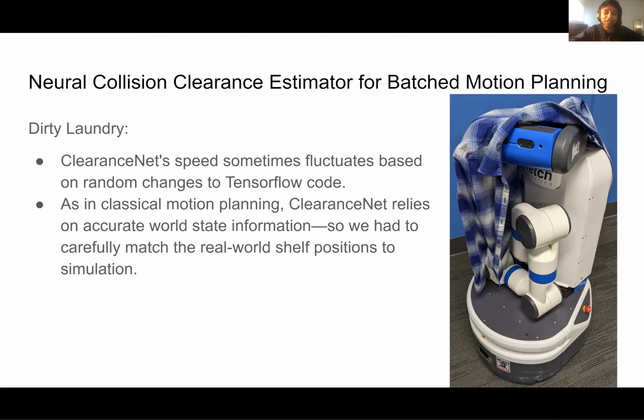So I was wondering how often this procedure works in practice, because one concern could be that in situations where your ClearanceNet is incorrect, maybe the gradients would be less accurate, or do you not find that to be the case?